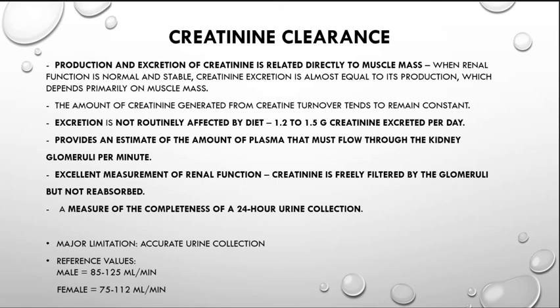Number two, creatinine is an end product of muscle metabolism, so it depends on muscle mass. And number three, creatinine production is constant per 24 hours. Okay? So it remains constant. So excretion is not routinely affected by diet. Okay, so it is an excellent measurement of renal function.